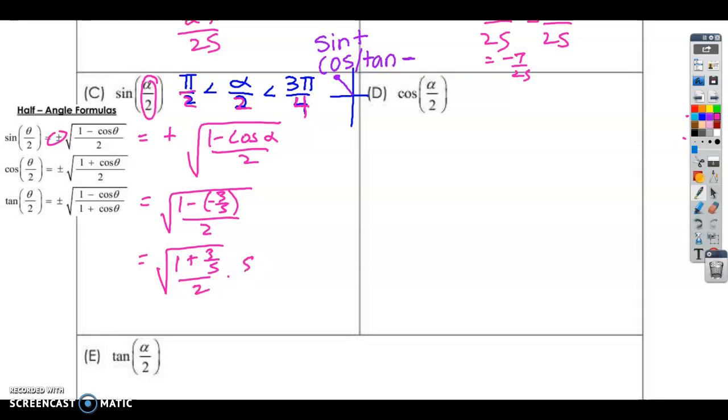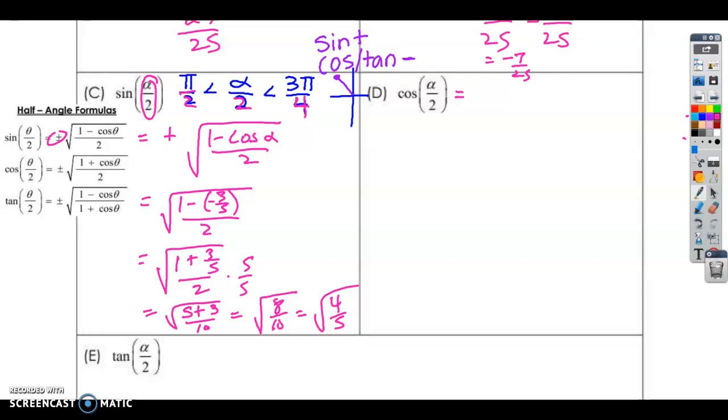Which is going to make this 5 plus 3 over 10, and that equals the square root of 8 over 10. Simplify, it's 4/5. Now go ahead and just leave it that way. Technically there's a radical in the denominator, but we're done for now. Let's move on. I'll rationalize the next one if we have to.